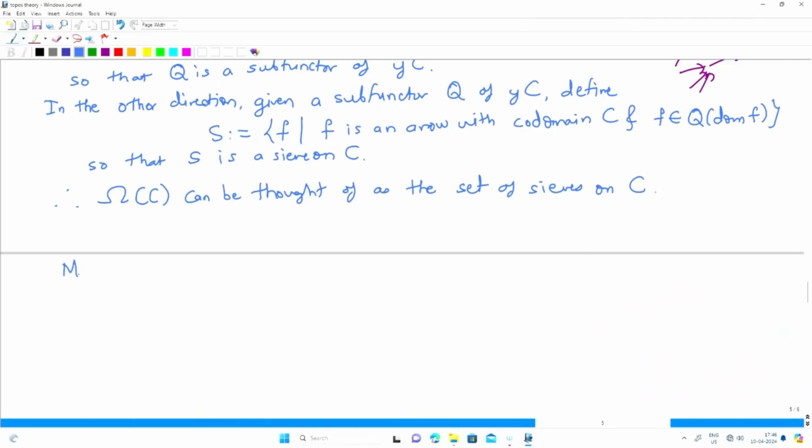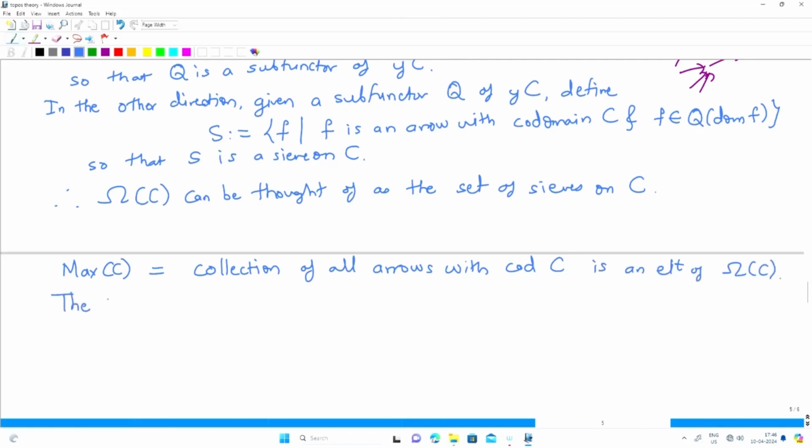Max of C is equal to the collection of all arrows with codomain C, and it is an element of omega of C.